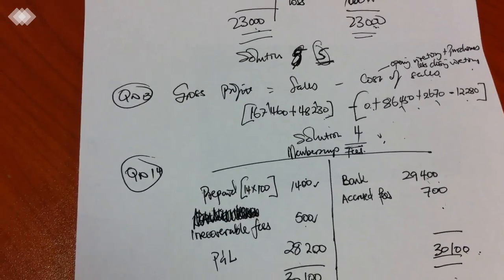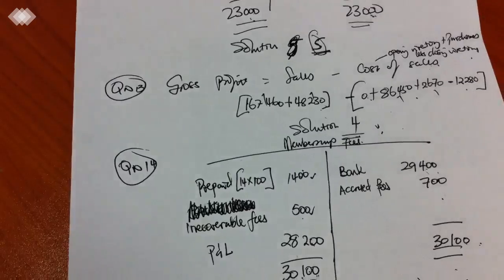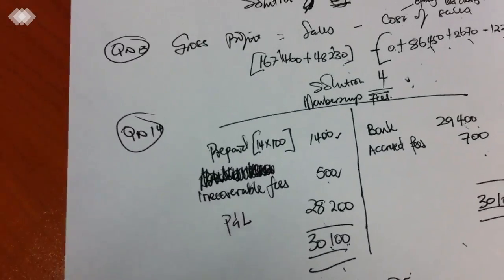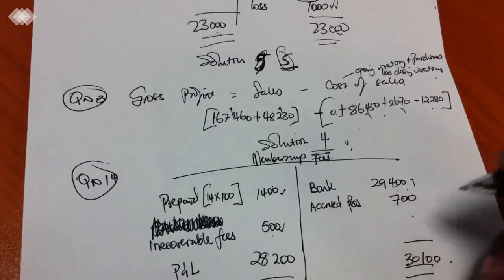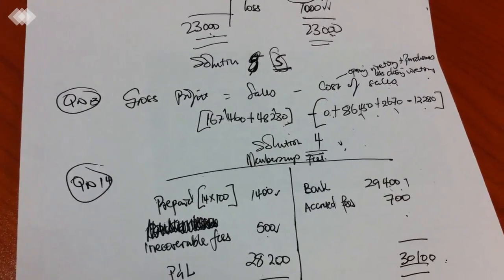So members who paid, if you go to your cash receipts, there is 29,400, so this one is fine. These are the ones that have paid.